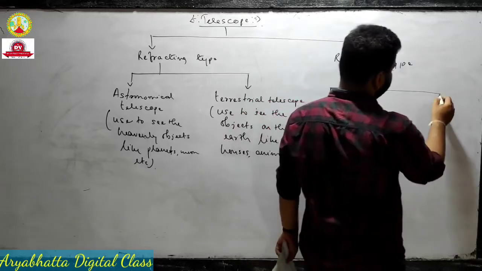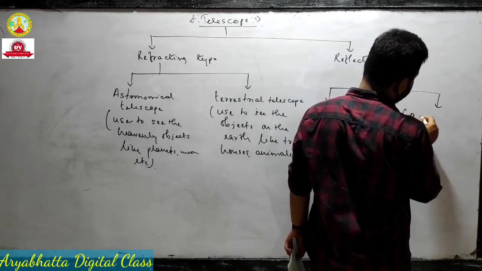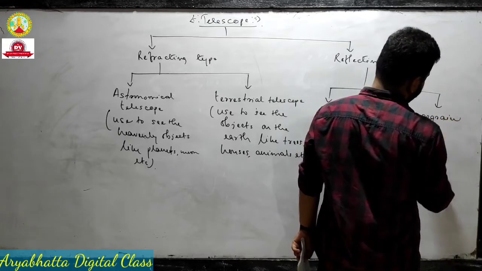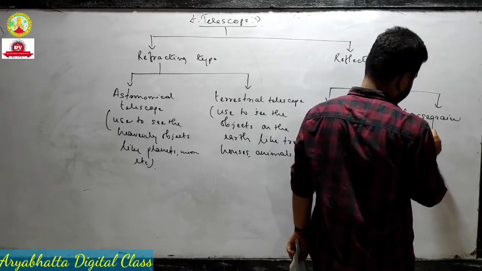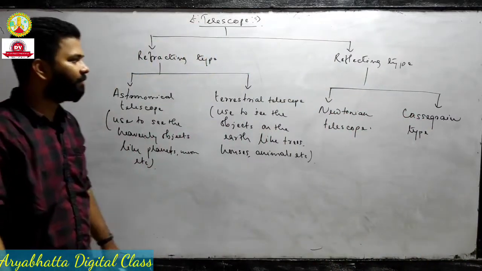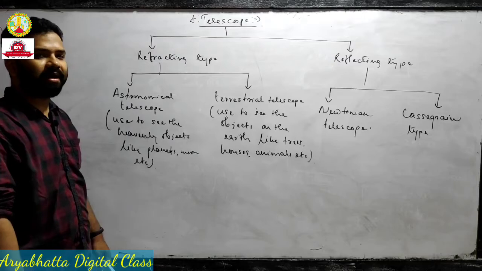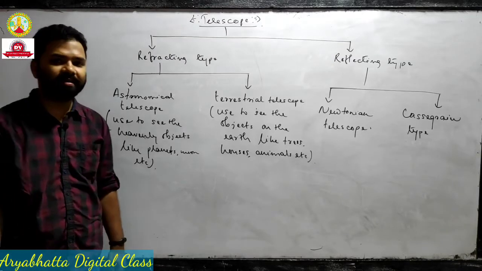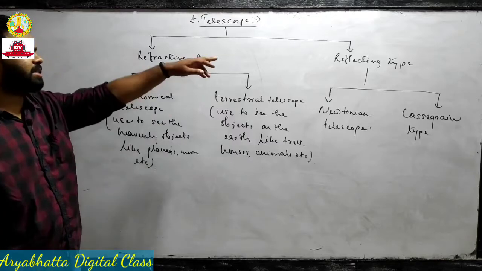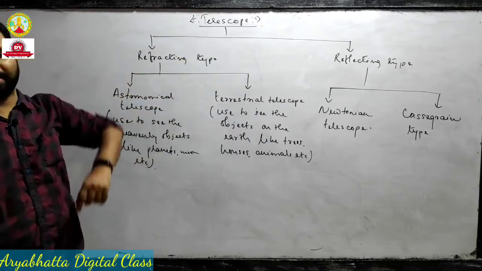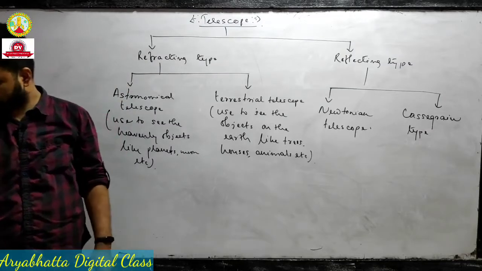Okay. Simply diagram is required for this telescope. Done. So these are some types, and reflecting type telescope has some advantages over refracting type telescope. This question is very very important, what are the advantages of reflecting type telescope over refracting type telescope. It has come again and again in the exam.